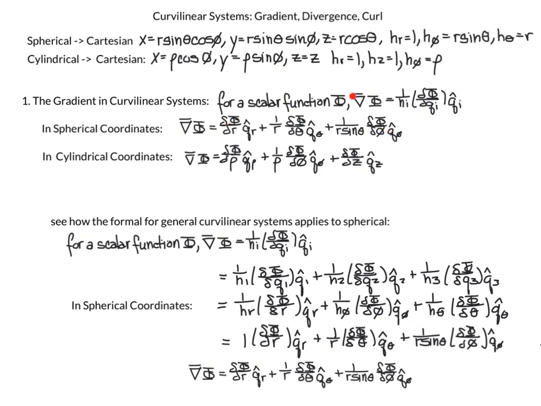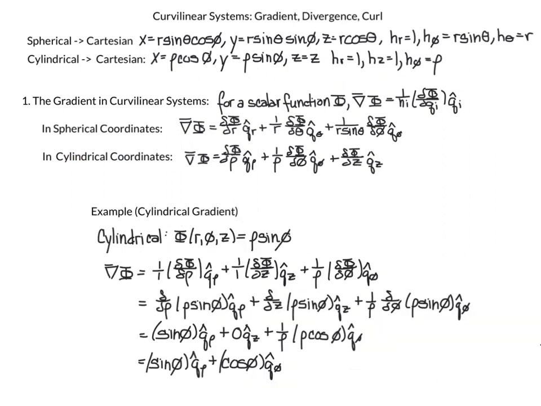So you can use this formula again to try the cylindrical coordinates or any other coordinate system someone may give you. I have a quick example. If our scalar function phi of rho, phi, z is equal to rho sine phi, I'll use this formula here for my gradient in cylindrical coordinates.